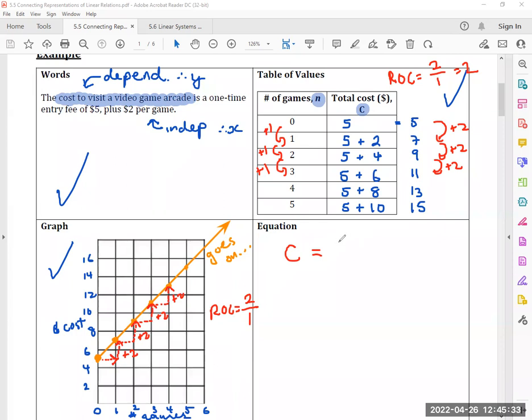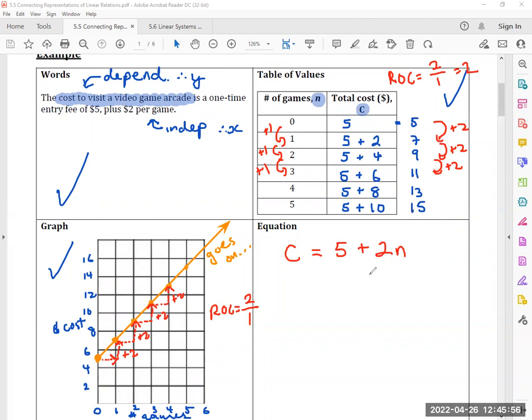Yeah, okay. So that's C, that's a dependent variable. But what is that going to equal? How much money do I have to pay? Okay, yeah, 5 is there. Can you finish it off? Plus 2. Well, yes. So we have the number of games as n, so that's right.